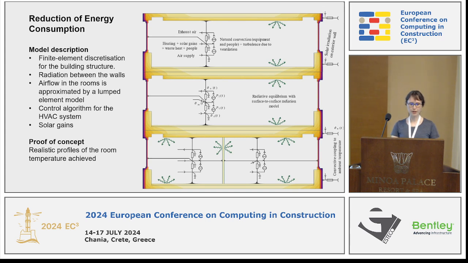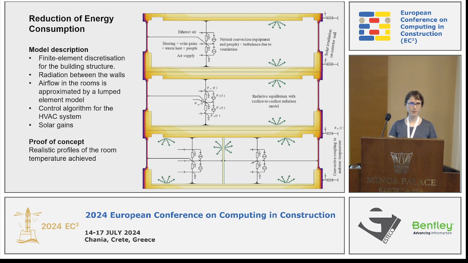Then the control algorithm for the HVAC system is also integrated, and solar gains through the windows are taken into account. And here we have a 2D model. The idea is to go for a full 3D model, but to reduce computational time, at the moment we have a 2D model. And as a proof of concept, we were able to achieve realistic profiles of room temperatures.